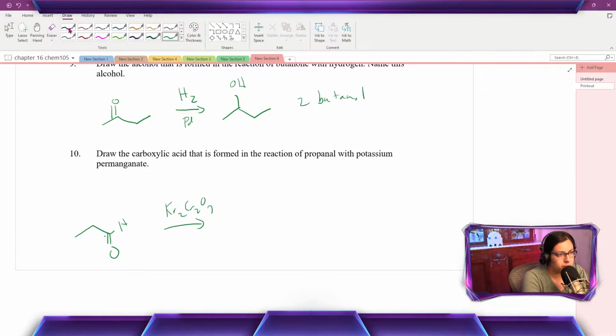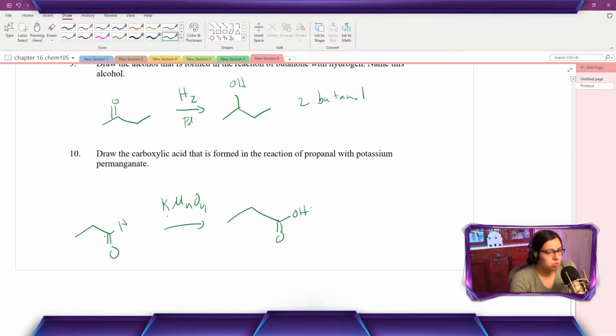No, potassium permanganate. I just got in the zone here. So KMnO4. So this would turn it into carboxylic acid, so propanoic acid.